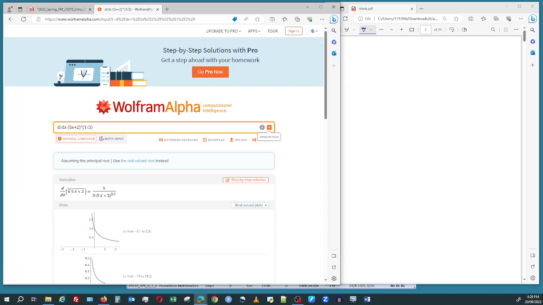So differentiate again. And what have we got? 1 divided by (x cubed plus 4x) to the power 2.